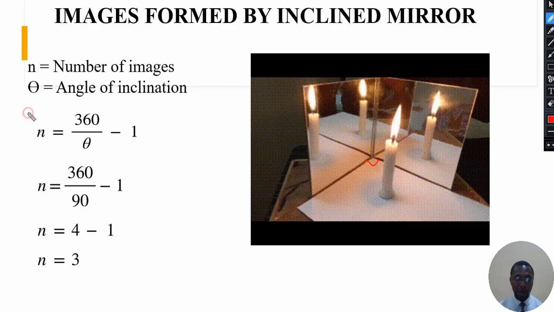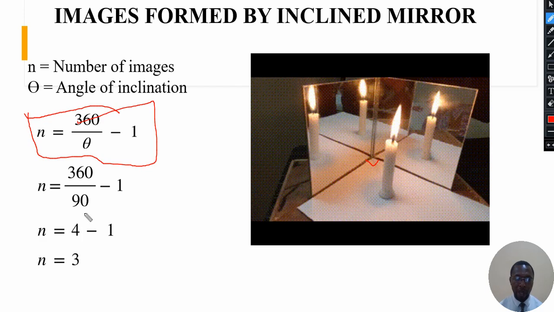This formula helps us determine the number of images formed by two mirrors at an angle theta. In this case, because they are at angle 90 degrees, this theta represents the angle. Replacing theta with 90 degrees here, we have 360 over 90 minus 1.